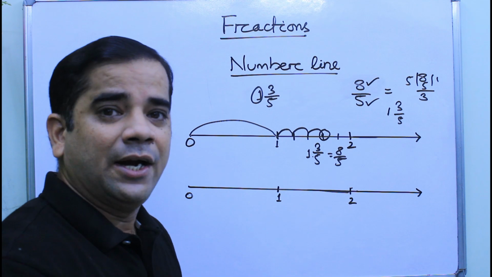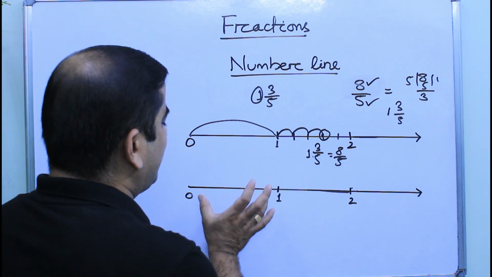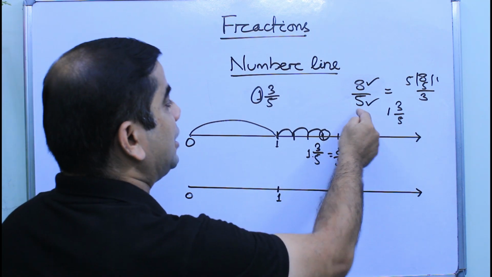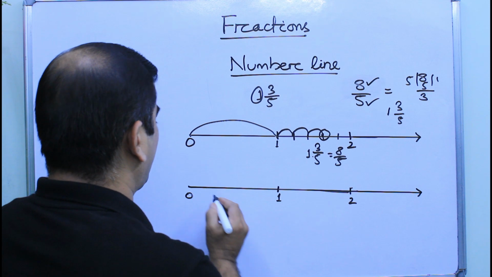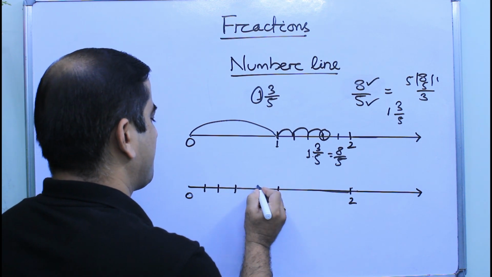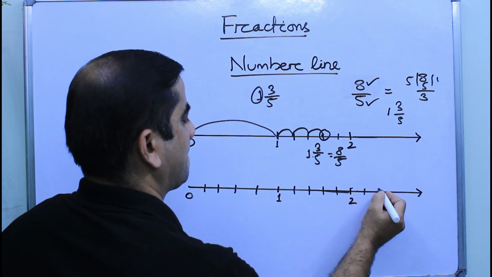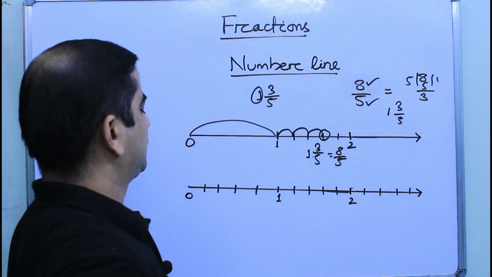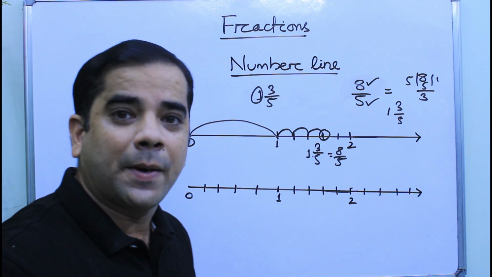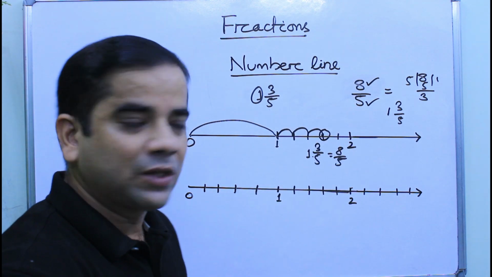Students, the other way to represent 8 by 5 on a number line is we need to divide each part into the number of parts that is the denominator. So it is 5. So let us start dividing each part into 5 parts. So our counting begins from 0. The number of parts we need to take is the numerator, that is 8.